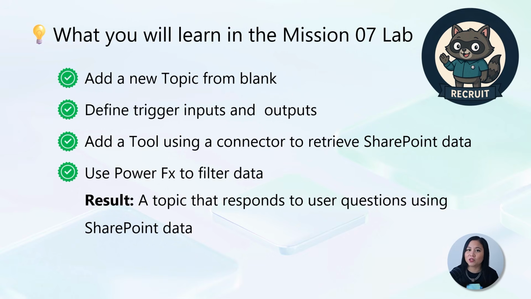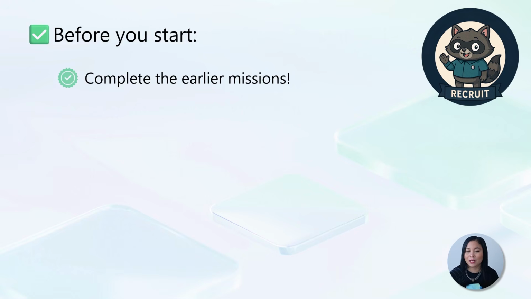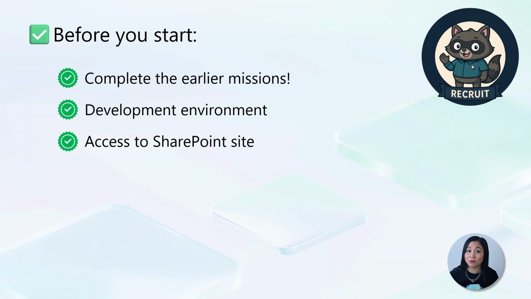The end result is a topic that can query a SharePoint list to answer user questions about available devices. Now, before we begin, make sure you've already completed the earlier missions. You'll need a dedicated development environment, and you'll also need access to the SharePoint site that we created during the course setup mission. Let's begin.